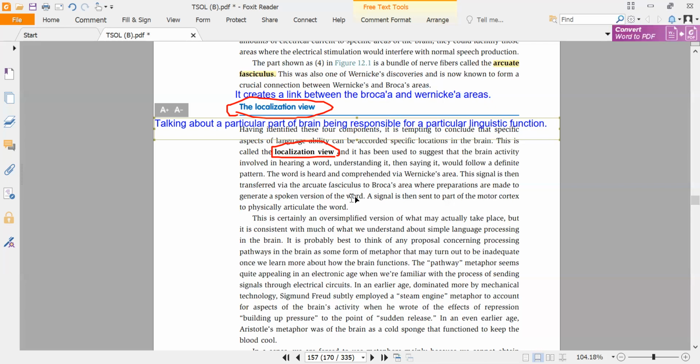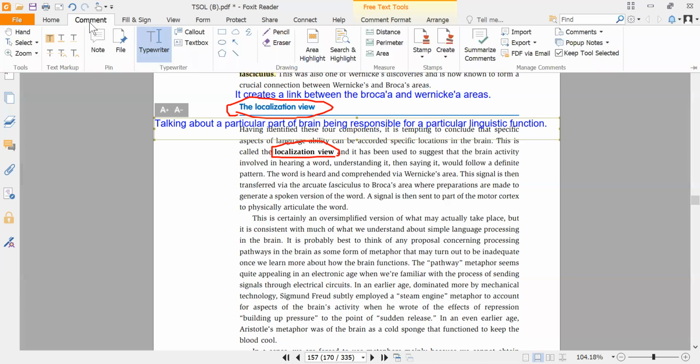But again, we cannot separate one part of the brain for one linguistic function only. Why? Because there is interdependency, or interconnectivity. All these parts of the brain are very highly interconnected with one another, right?